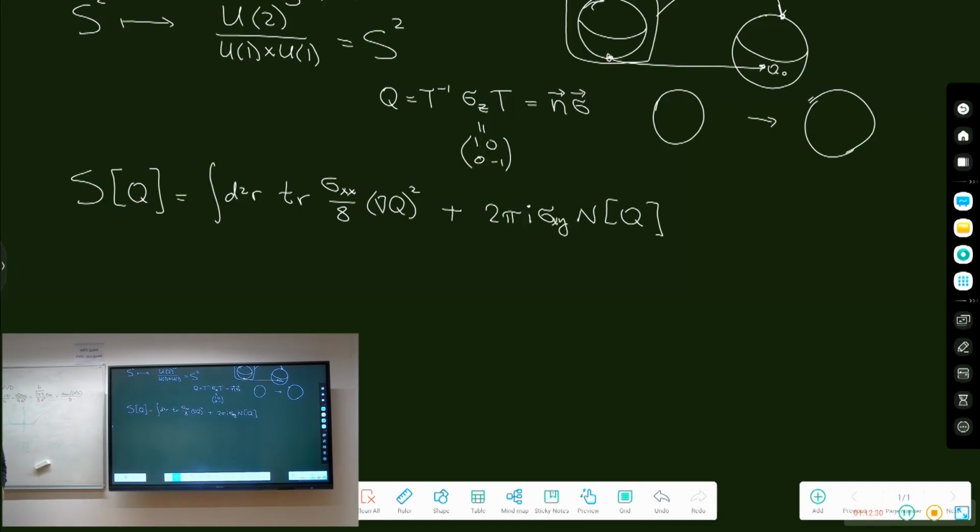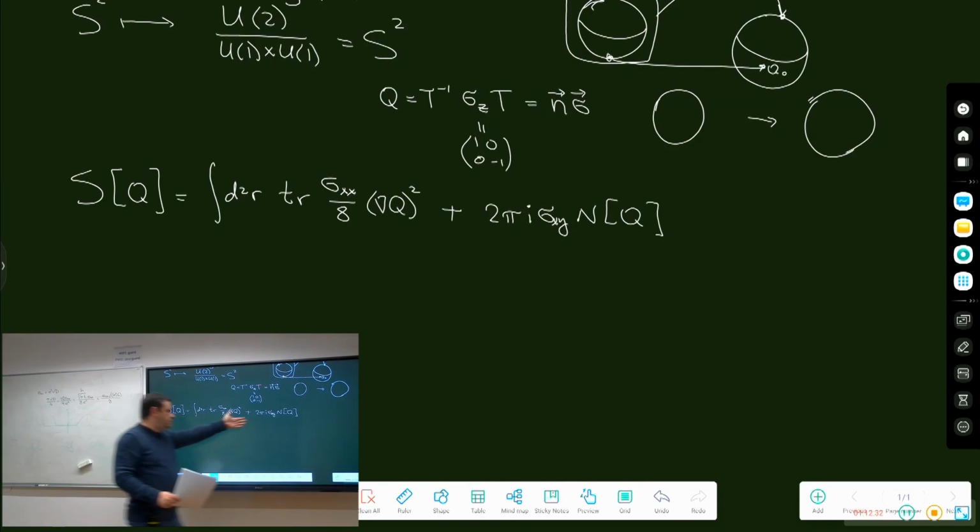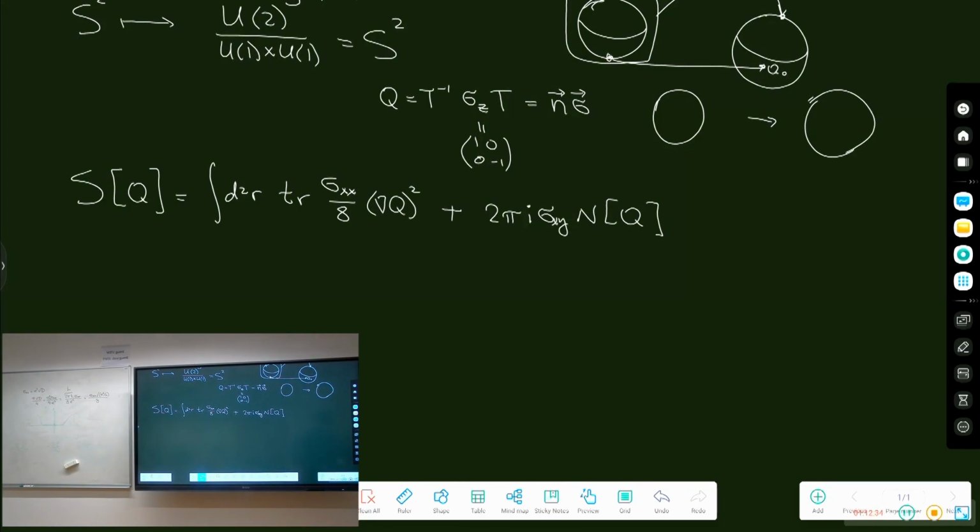But now this theta term is written as a degree of the map, as an integer number.